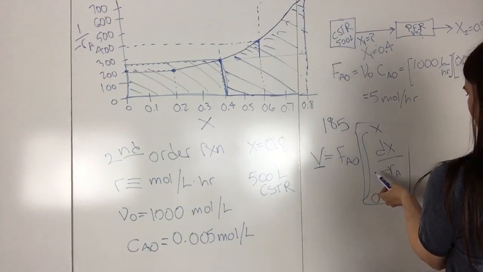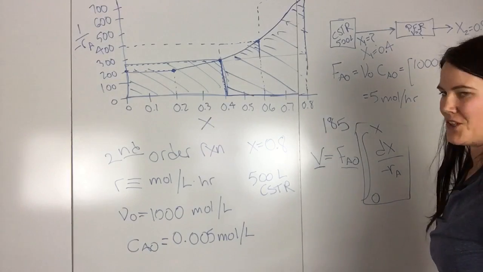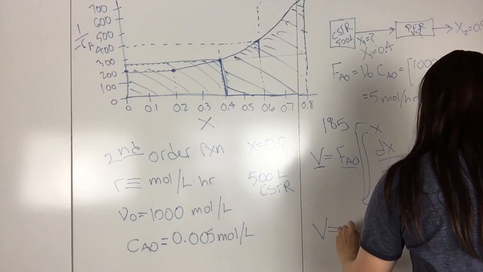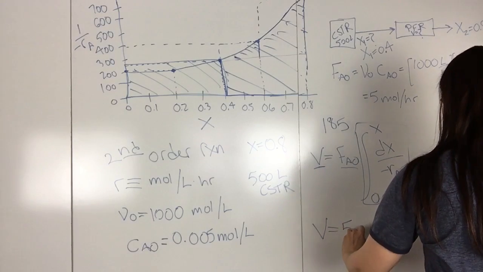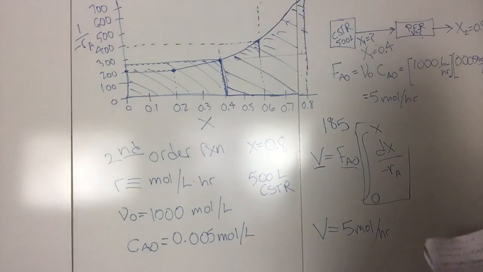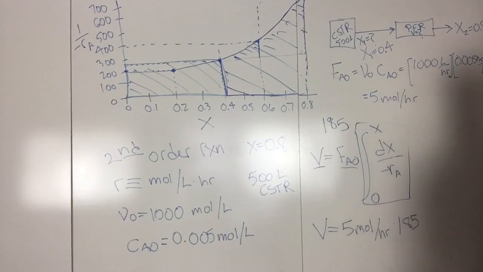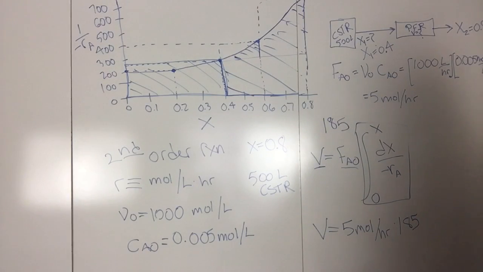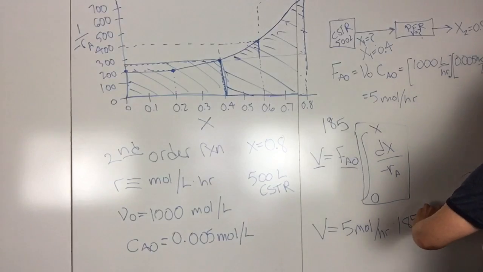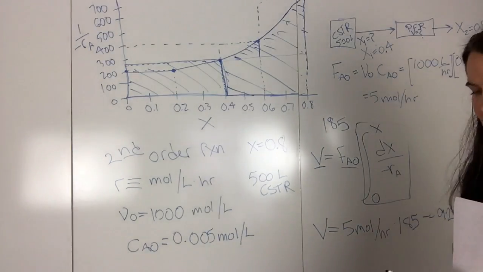So we should just be able to multiply this by the molar flow rate to get the volume. So the volume is 5 moles per hour multiplied by 185, and probably should have kept track of the units, but this is equal to 925 liters.